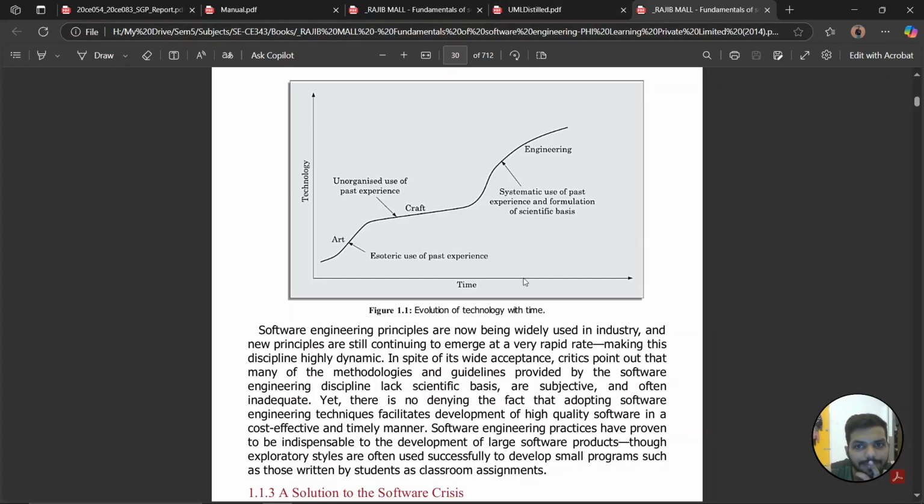Let me explain this graph. First of all, this is over time, and as you can see, the x-axis is related to time, right? In this graph, what is shown is that at the first stage, when software engineering actually started, people were just relying on art pieces. They would sketch something on a piece of paper and make something out of it, or write something in books and use that for development.